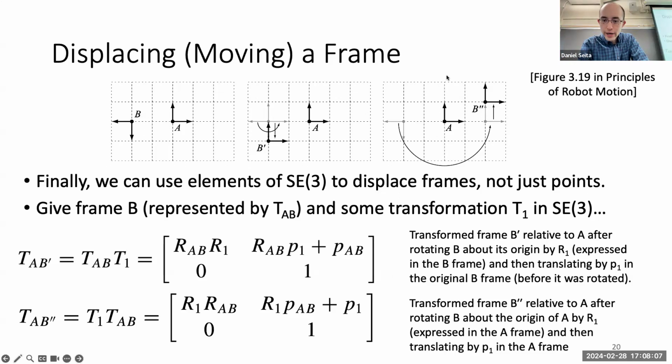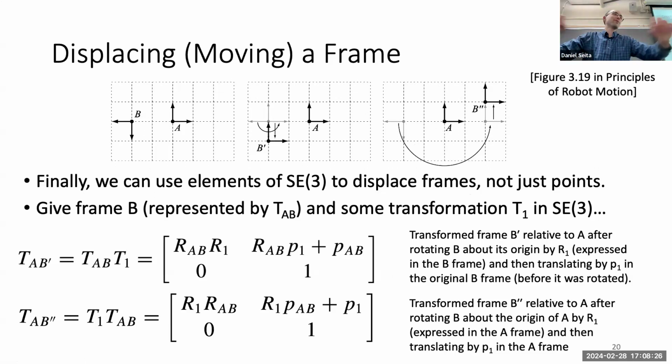Now for the second one, you have transform frame B double prime after rotating B about the origin of A expressed in the A frame. So that means the rotation is centered at A. So do you see why you get something that looks bigger here?